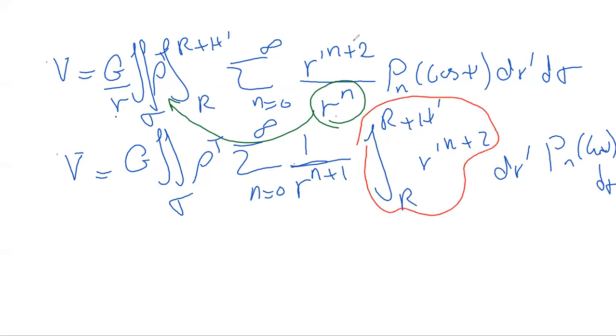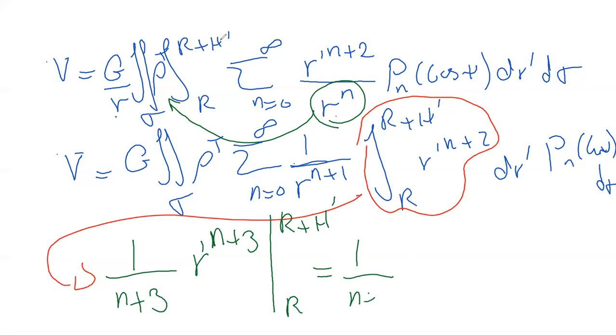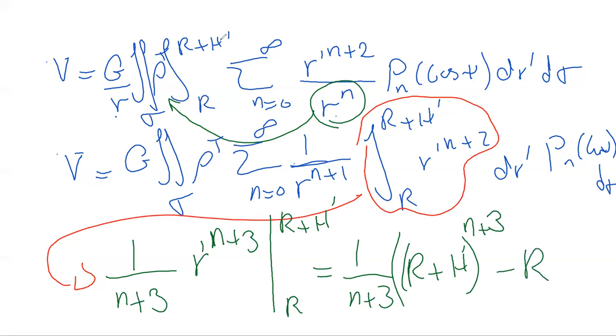Well, the solution of this integral will be here. So it will be 1 over n plus 3, r prime to the power n plus 3, from R to R plus H prime, which is equal to 1 over n plus 3 times R plus H prime to the power n plus 3 minus R to the power n plus 3.